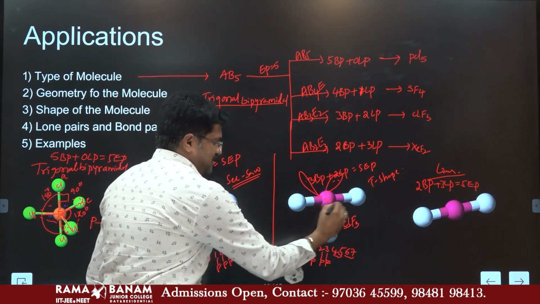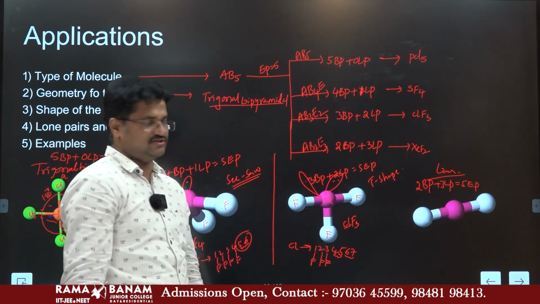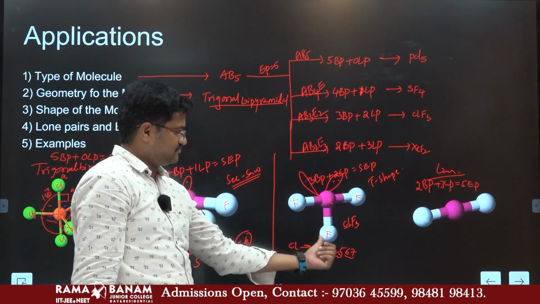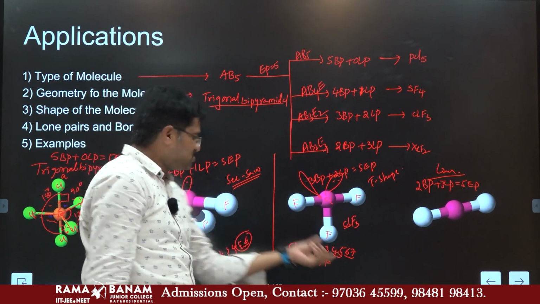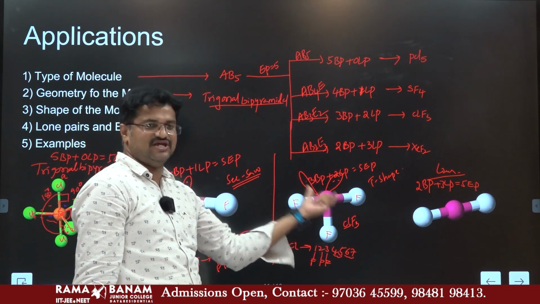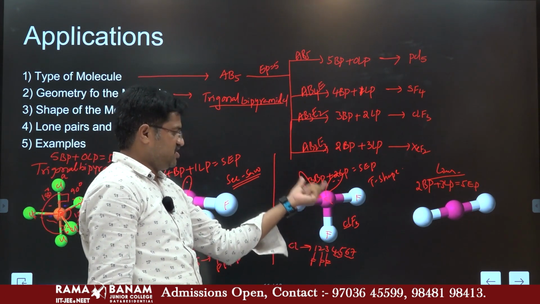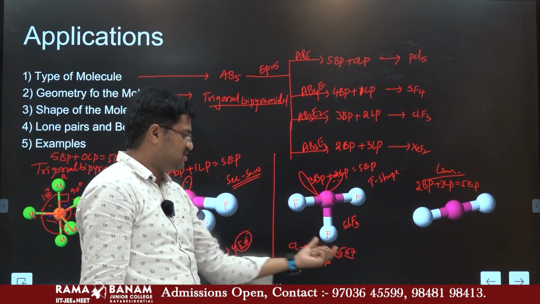This is the chlorine atom, these are fluorine atoms. This is T shape. The actual geometry is trigonal bipyramidal, but because the 2 lone pairs are arranged on the equatorial positions, the shape of the molecule is T shape.